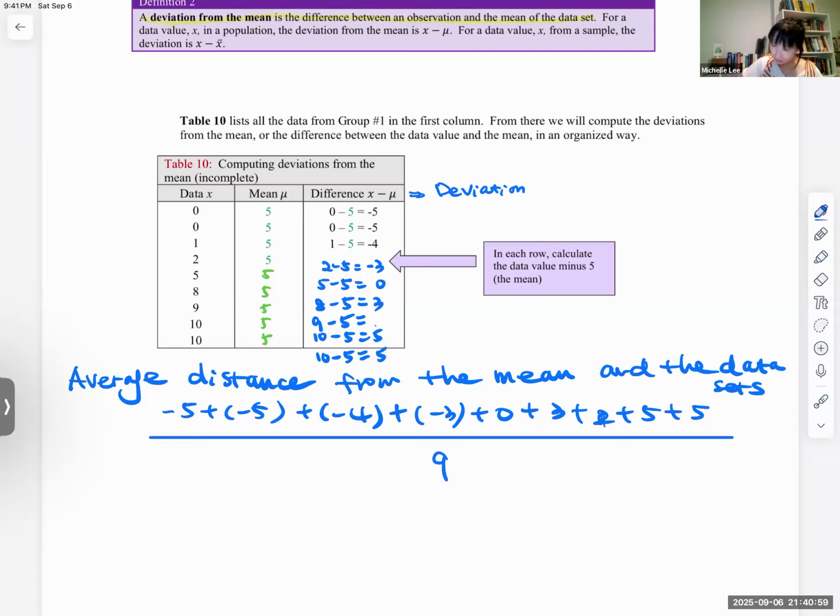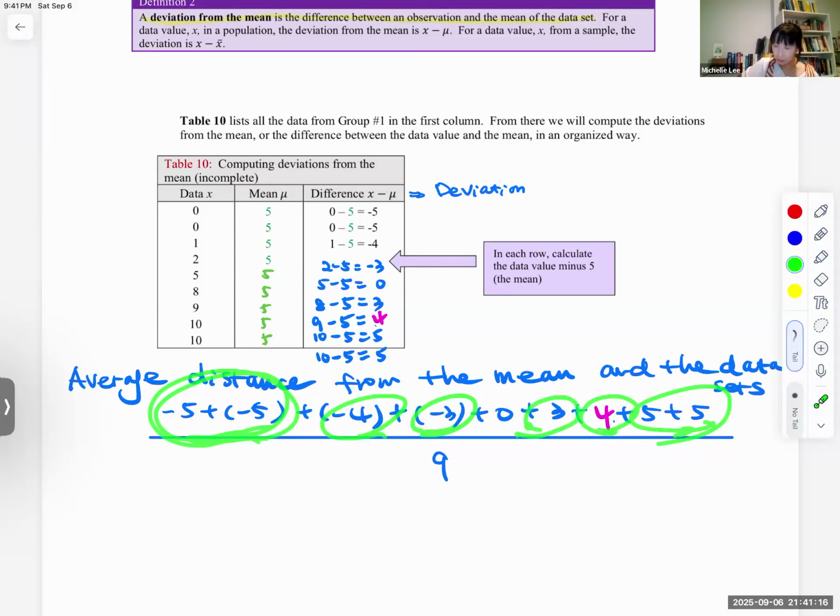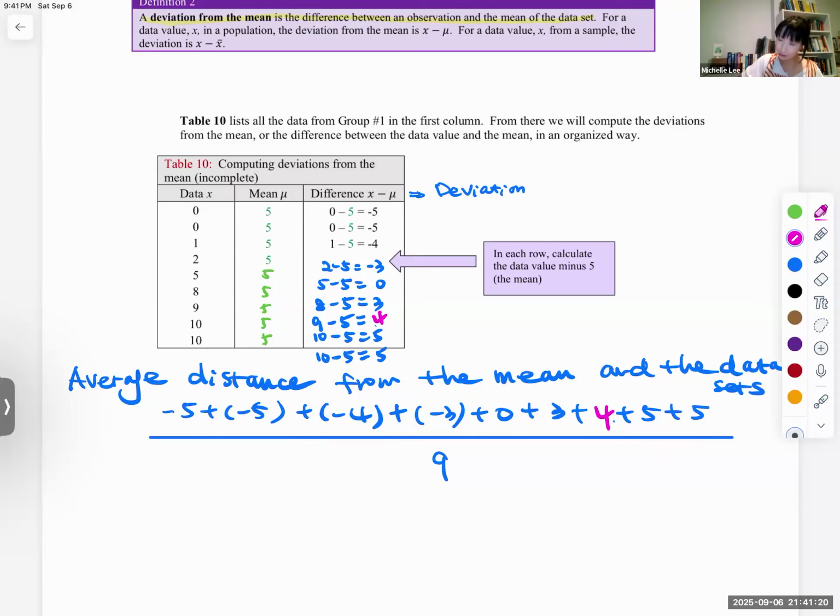So now we have negative 5, negative 4, negative 3, 0, positive 3, positive 4, positive 5, positive 5, which adds up to 0. So 0 over 9, which is 0.